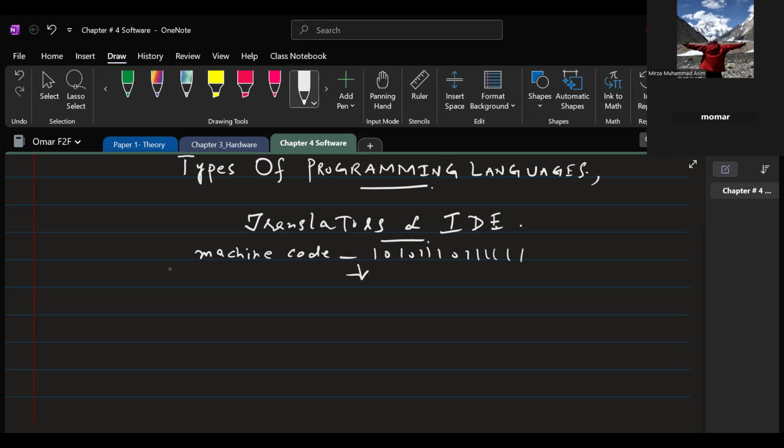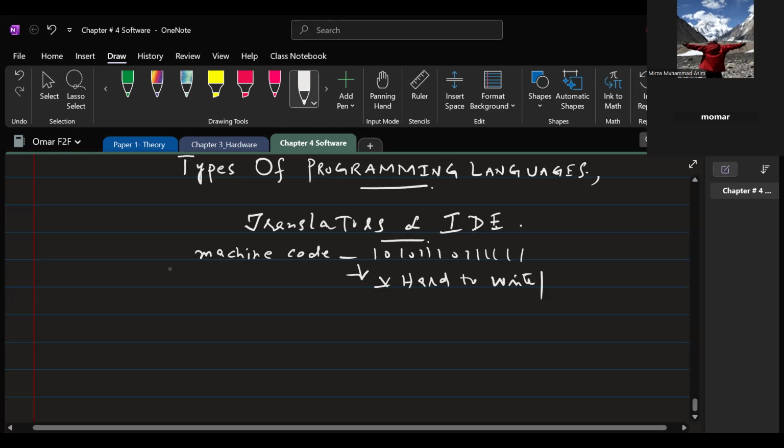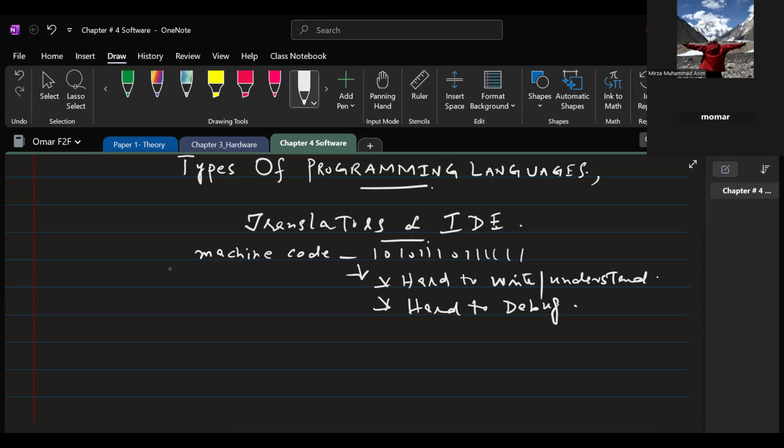So that was very hard to understand, hard to write, and even hard to debug. Debug means, bug means error, and debug means when you make it correct. This is called debugging.